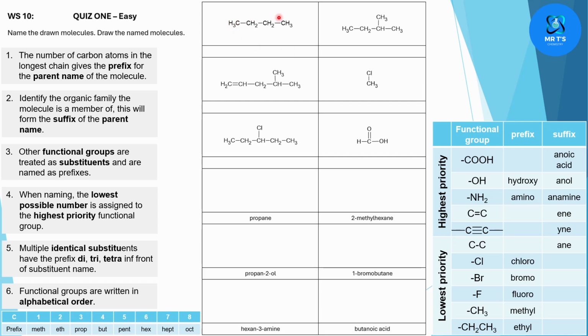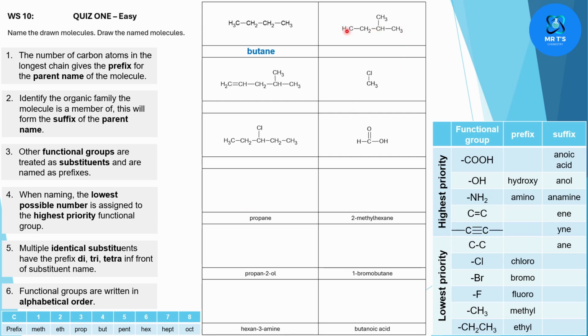So if we're looking at this first molecule, it is just carbons and hydrogens. There are 4 carbons in a row, so it is going to be but, and it only has carbon-carbon single bonds, so the end of it is going to be ane, and this is going to be called butane. The second one in this condensed form, again, there are 4 carbons in the longest chain, so that is going to be but again.